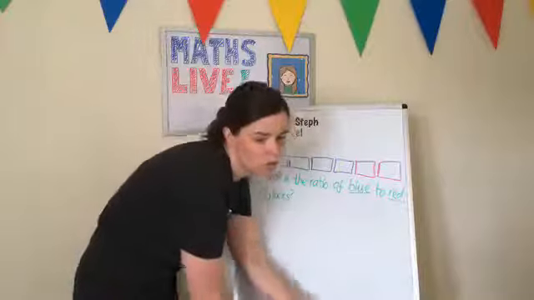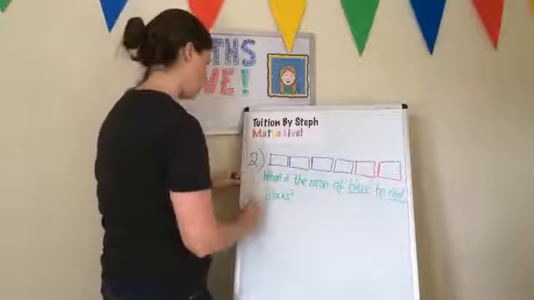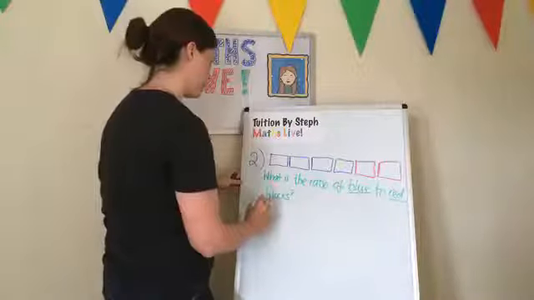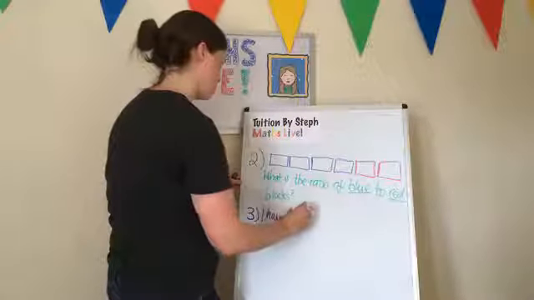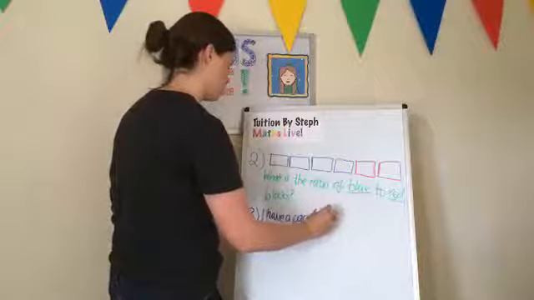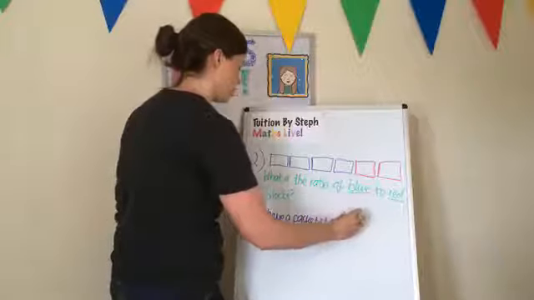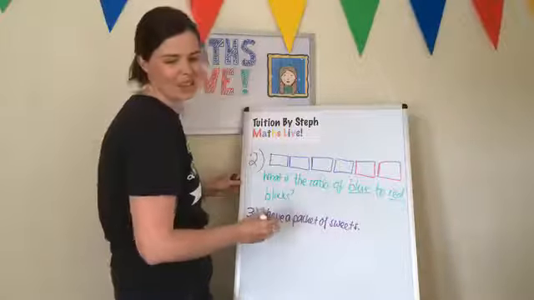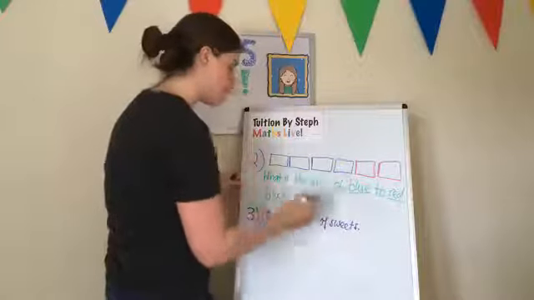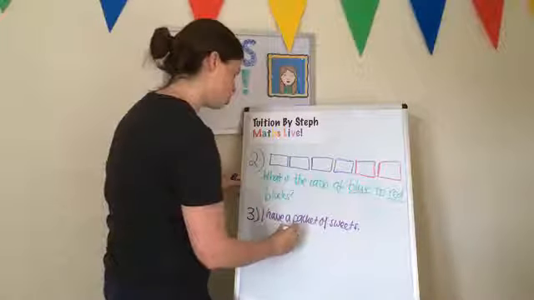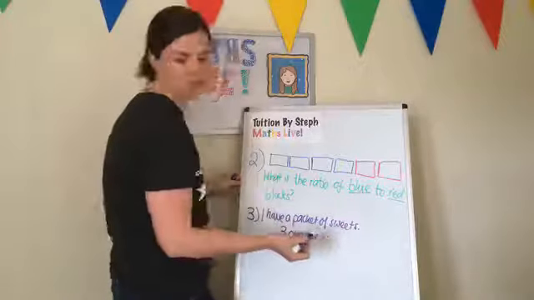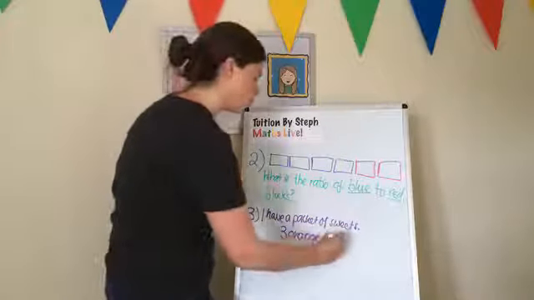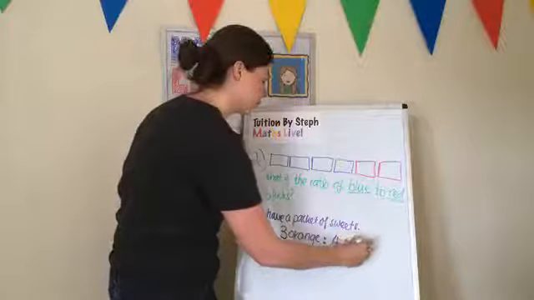And question 3 was, I have a packet of sweets. For every 3 orange sweets, I have 4 green sweets.